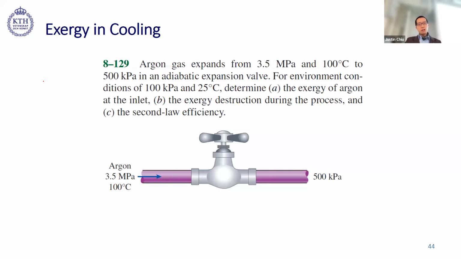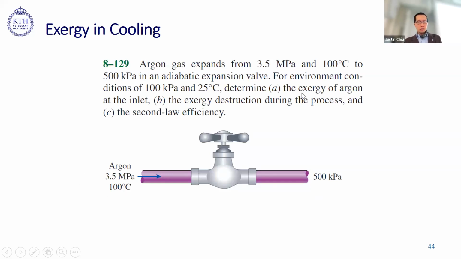And then here, when we say adiabatic expansion valve, I mean, we will come back to this one. For environmental conditions of 100 kilopascal and 25 degrees Celsius, determine the exergy of argon. So this is the inlet. So no matter what the outlet is, you can always calculate the potential, right?